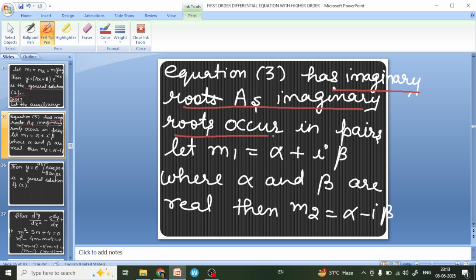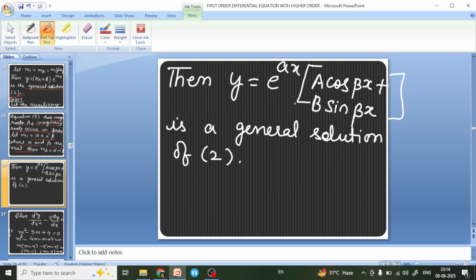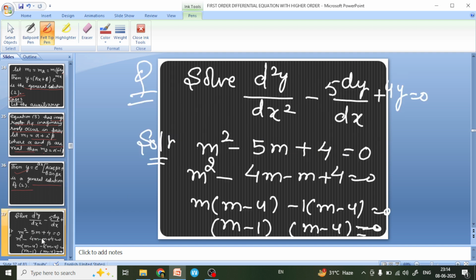As imaginary roots occur in pairs, let m1 be alpha plus i beta, where alpha and beta are real, then m2 is alpha minus i beta. Then the general solution is y equal to e raised to power alpha x (a cos beta x plus b sin beta x), the general solution of case 3.